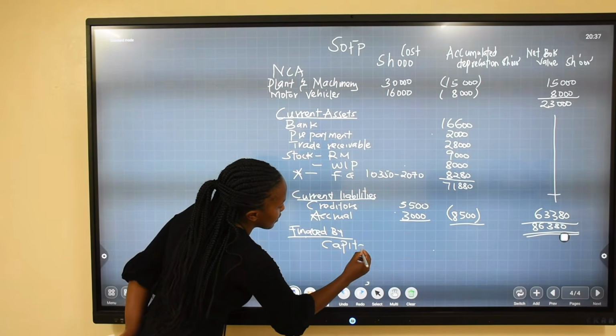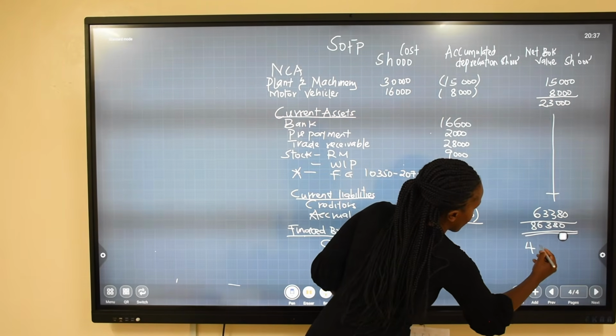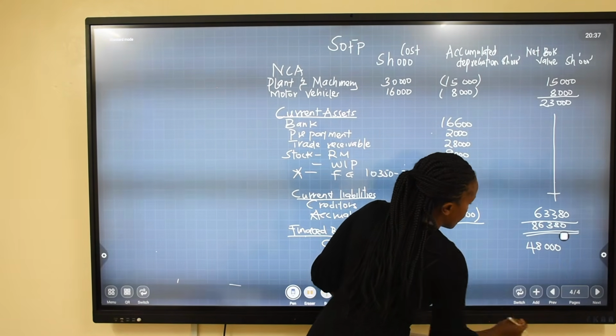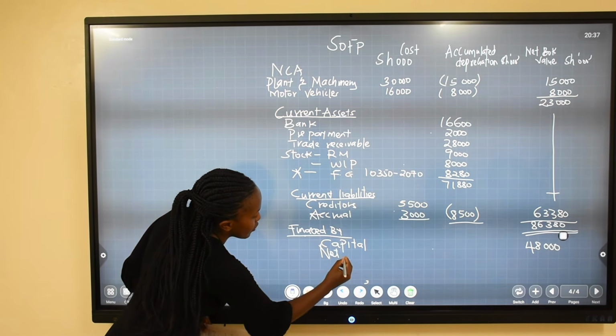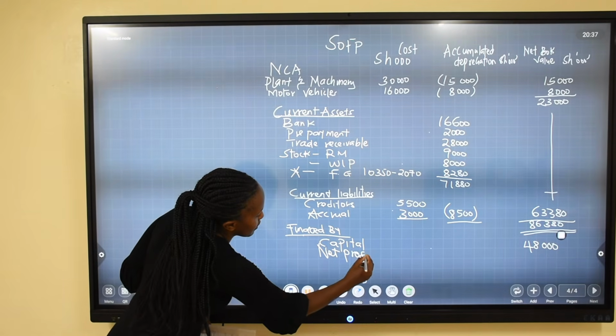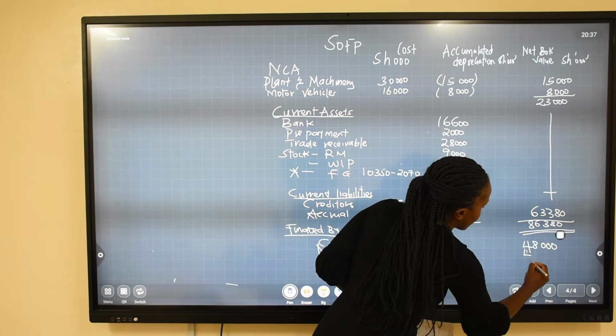The capital at the beginning of the year was 48,000. Then from the profit, during the year, we got a net profit of 49,880.